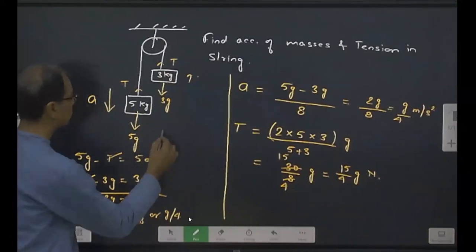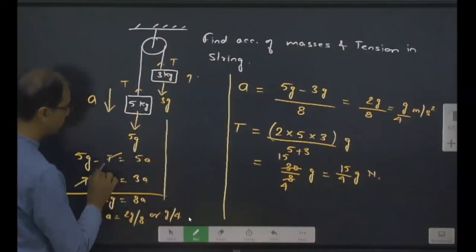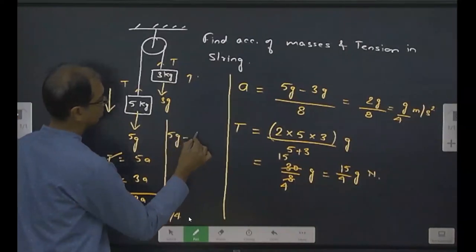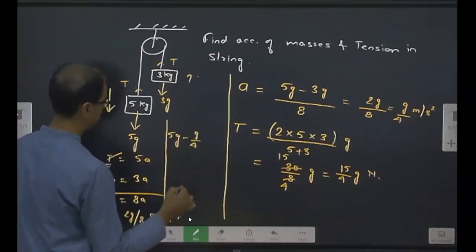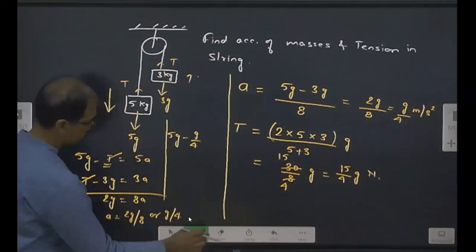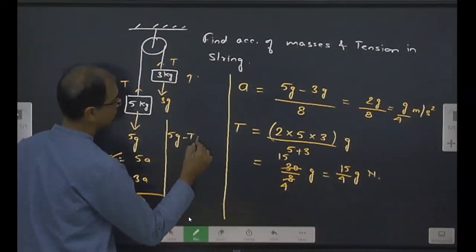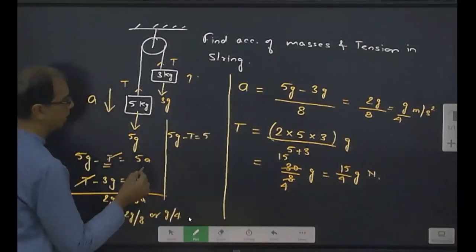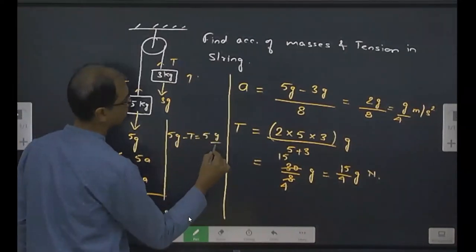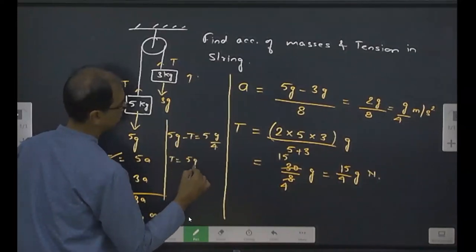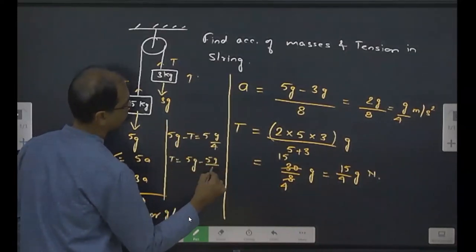Same thing. Then tension. Now this value of acceleration I am going to put in this one. Sorry, tension we are finding. 5g minus T equal to 5a, which is g by 4. So tension equal to 5g minus 5g by 4.